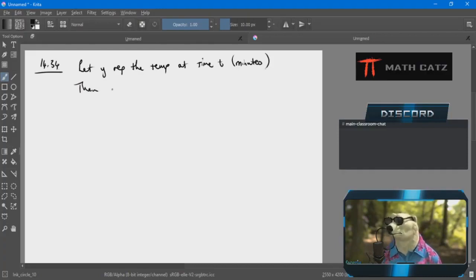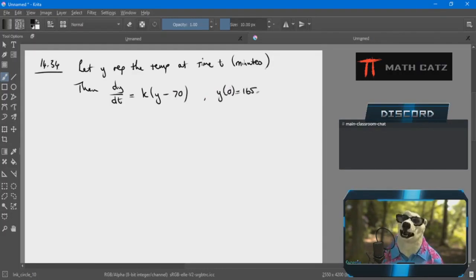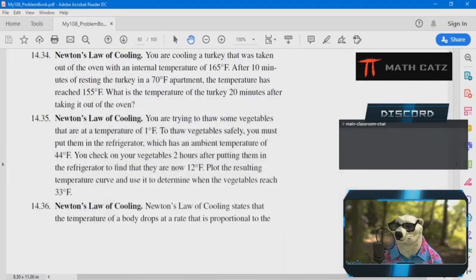Then my rate of change, according to Newton's law of cooling, is going to be k times the temperature of the turkey minus the 70 degrees surrounding temperature. And my initial temperature was 165.